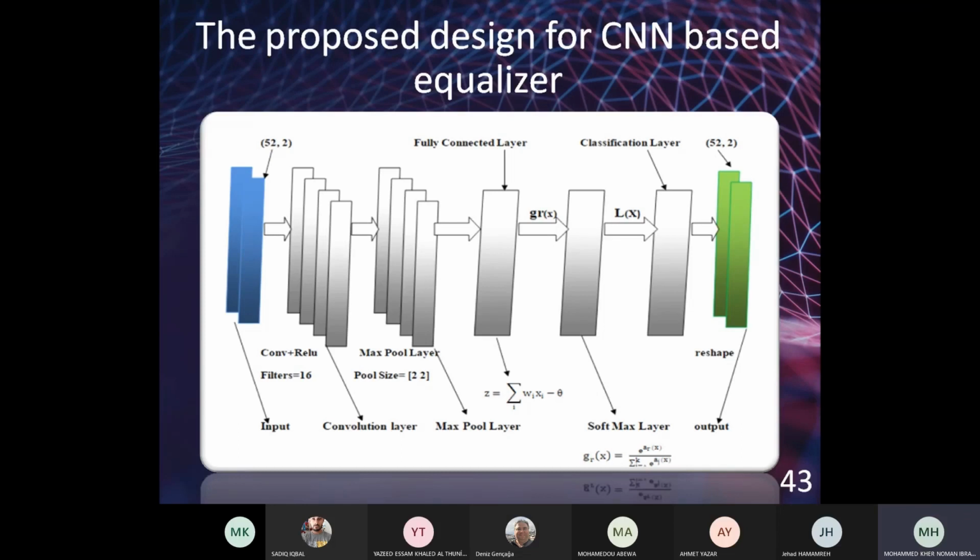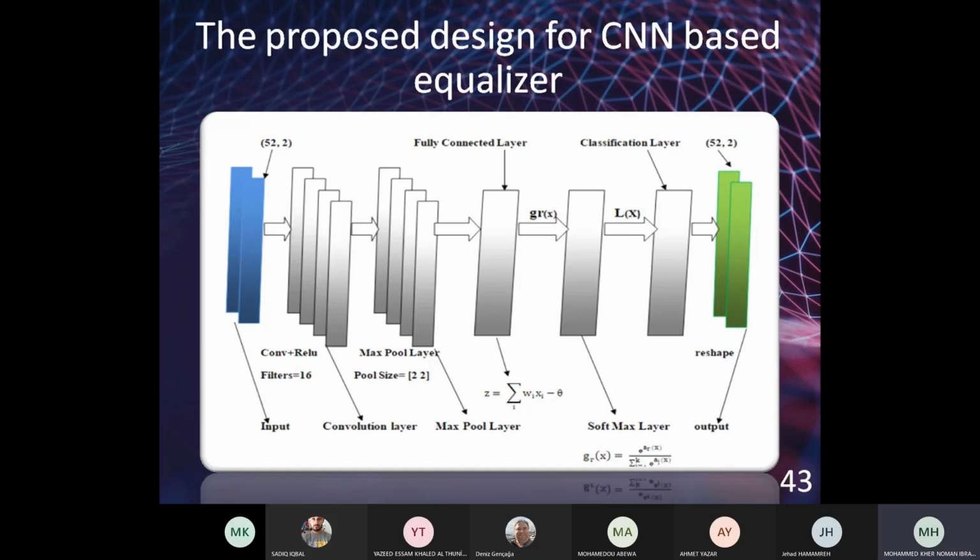The layer combines all the local information and features learned by the previous layers. After that, I put the softmax layer, which has the softmax function, and the advantage of softmax is to limit the output of the function to the range from 0 to 1.